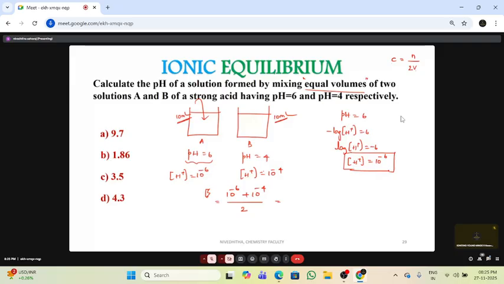Shall we convert 10 power minus 4 to 10 power minus 6? That is 1 into 10 power minus 4, right? So 1 into 10 power minus 4 can be written in terms of 10 power minus 6.